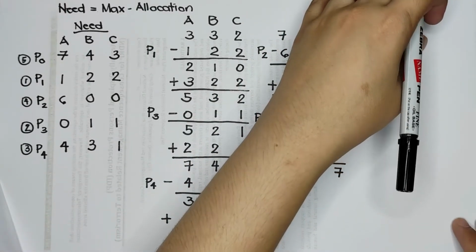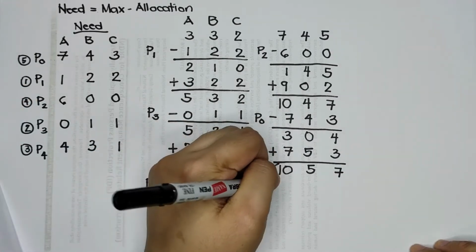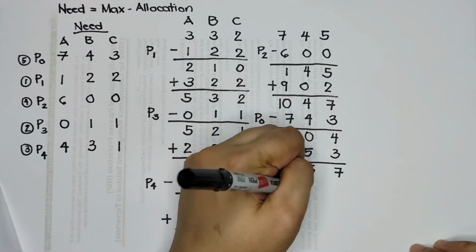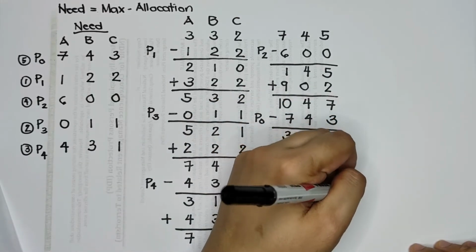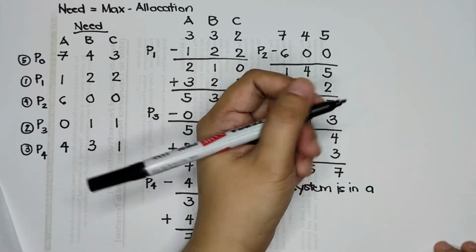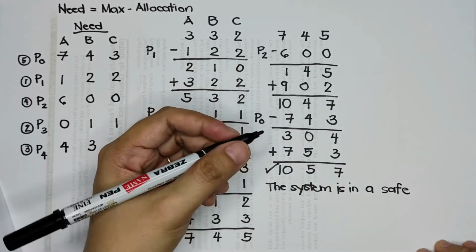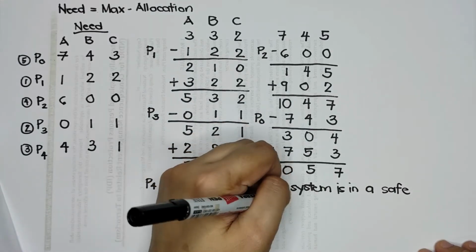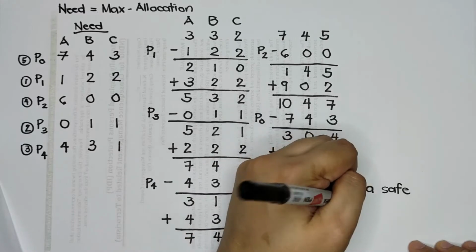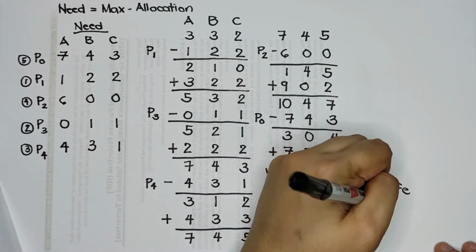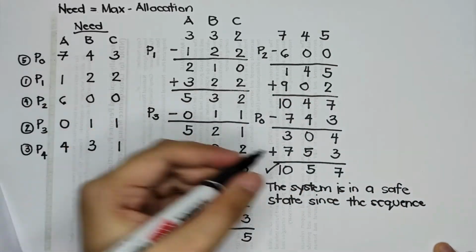processes in execution and it's still in the safe state, so we can state it in here in a complete sentence. So, the system is in a safe state since the sequence, okay, you have to state the sequence.